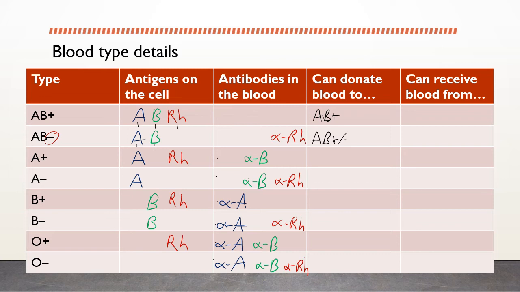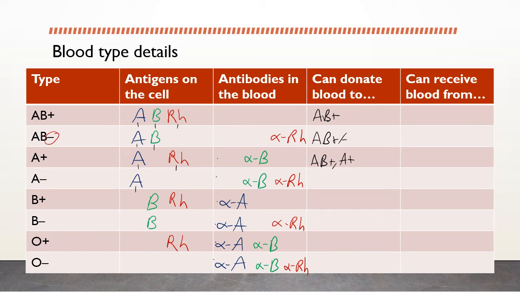A patient with A positive blood, we need to find someone who doesn't have anti-A or anti-Rh. Okay, this is a little trickier to look for. Obviously, we can donate to an AB positive patient because they don't have any antibodies. The only other person who doesn't have any anti-A's or anti-Rh's is someone who's A positive.